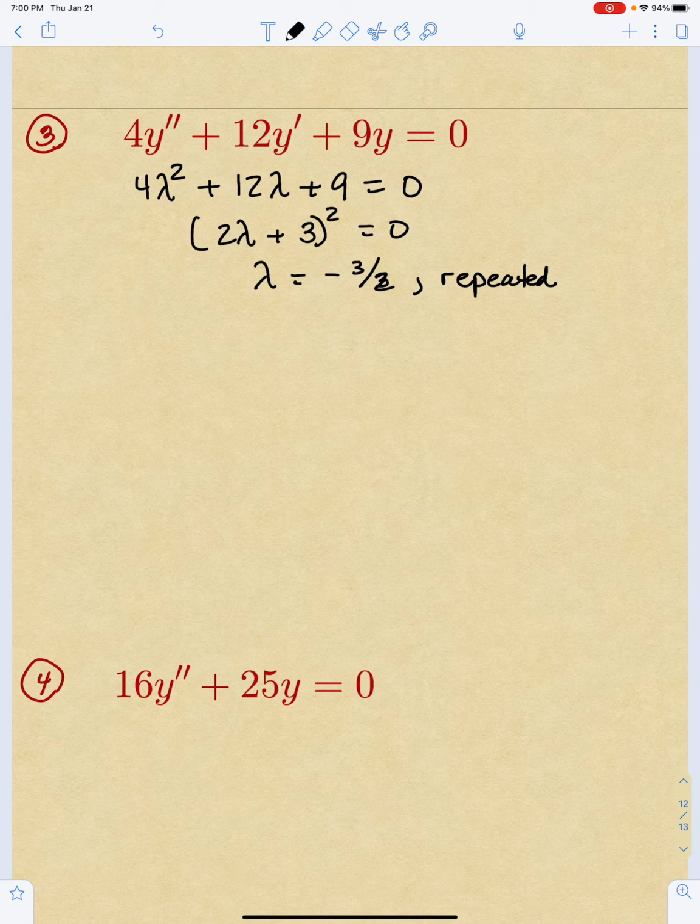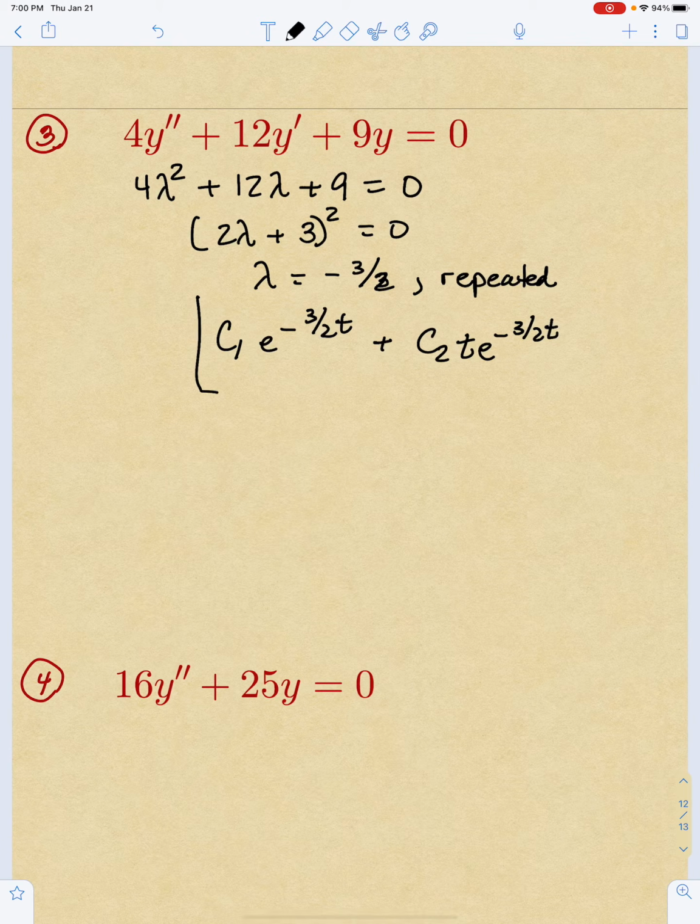So again, remembering that the assumption came from being e to the lambda t, we know we can write c1 e to the -3 halves t. Turns out that the c2 also has an e to the -3 halves t, but to represent that there's a repeat, we multiply by t. Okay, so that is the general solution of that differential equation. I'll just put that in a box here so we have it.